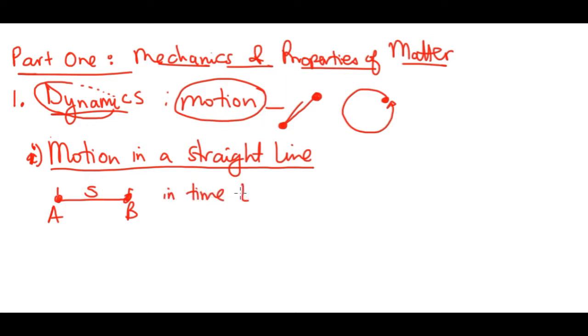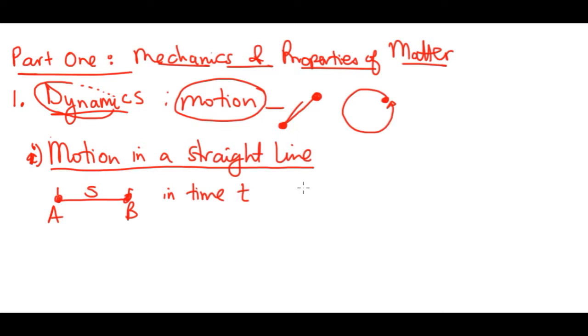When I'm saying let it be moving in time t, it just basically means for it to get from A to B, it goes through t seconds. If it's 10 seconds, it's going to be 10 seconds. t is going to be 10 or 5 seconds, whatever it's going to be. So S is the distance, and t is just going to be the time it takes, right?